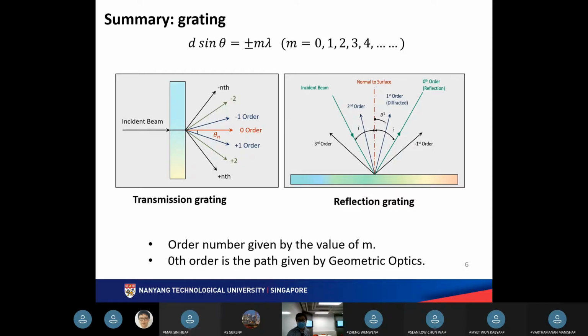So if you pass light through, for example, this grating, the transmitted or reflected light will also be able to interfere with each other to form a series of bright and dark fringes on the screen.